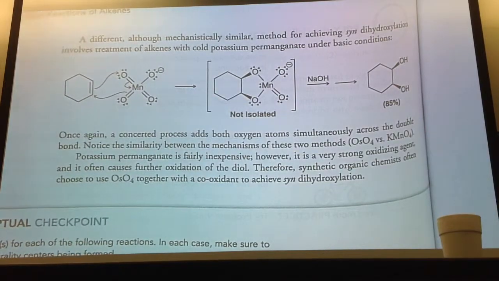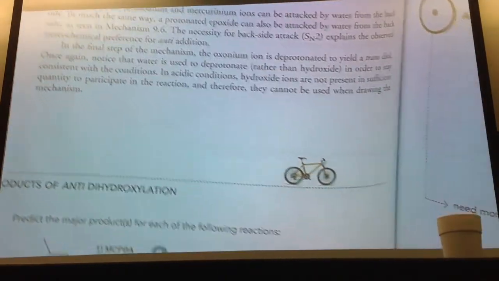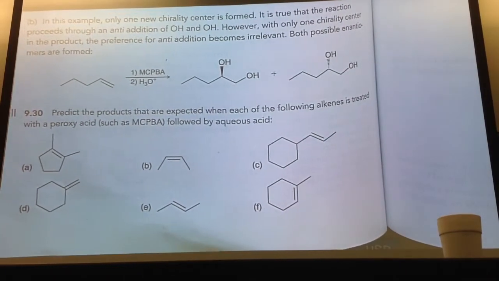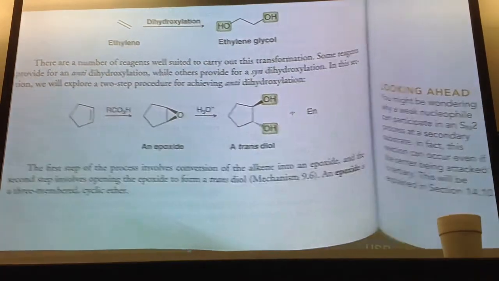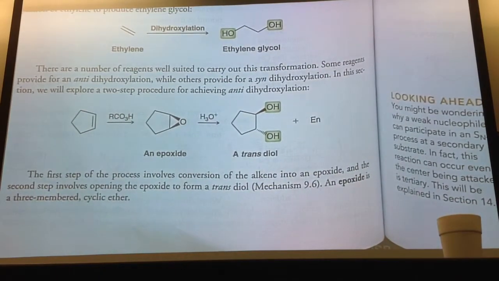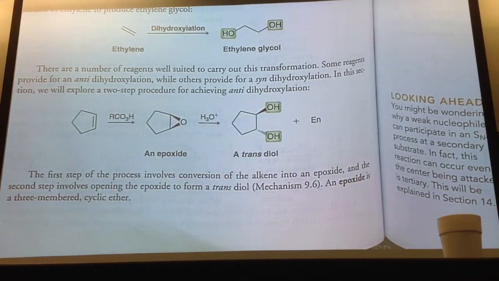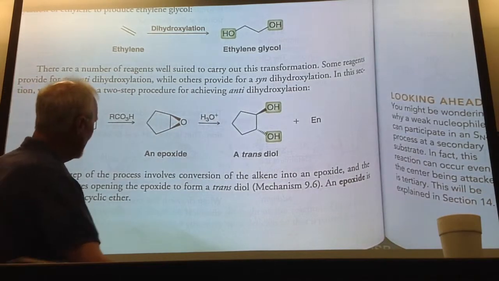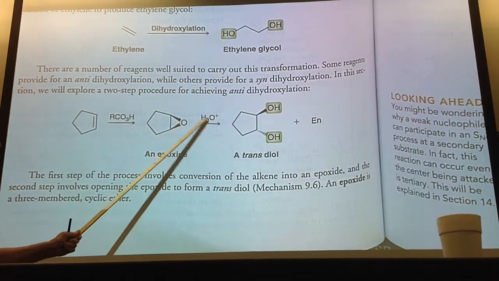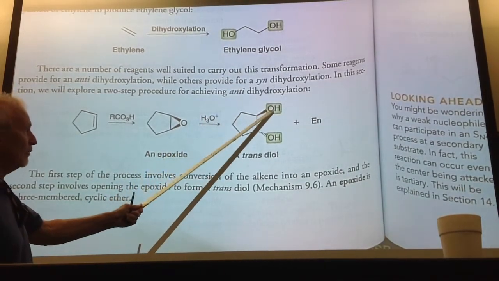And then the first method, you get anti-addition. Let me show you nicer. Cyclopentene, add a peroxycarboxylic acid, you get an epoxide, then add water and acid, you get one up, one down.